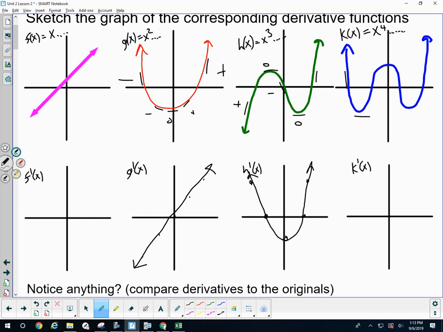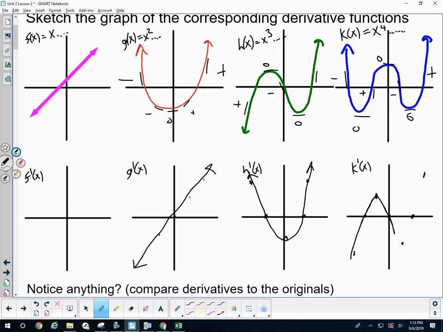Negative, 0, positive, 0, negative, 0, positive. All right, let's do that. Negative, 0, positive, 0, negative, 0, positive.